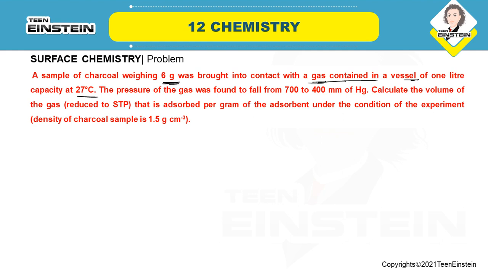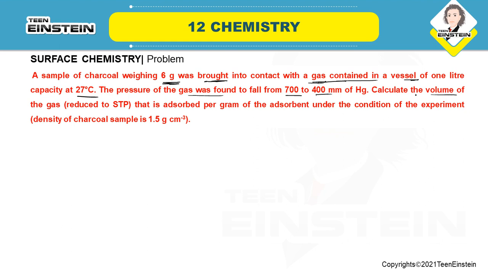After bringing these two together, it is observed that the pressure of the gas falls from 700 millimeter of Hg to 400 millimeter of Hg. That means pressure is reduced, and it has to be, because now the gas particles are adsorbed on the surface of charcoal. So that is why now the pressure is reduced.